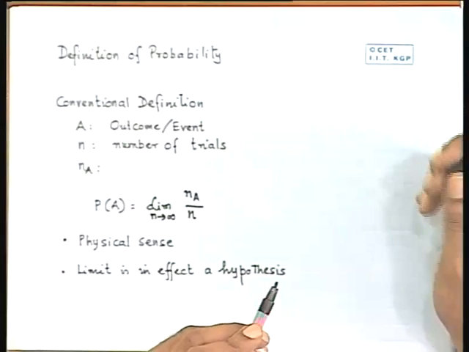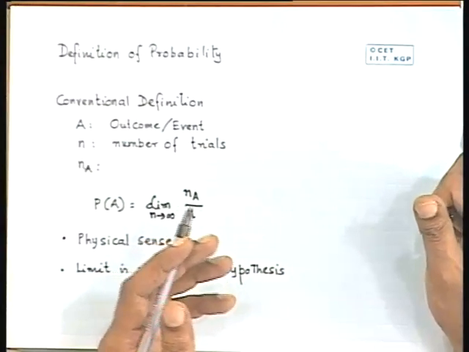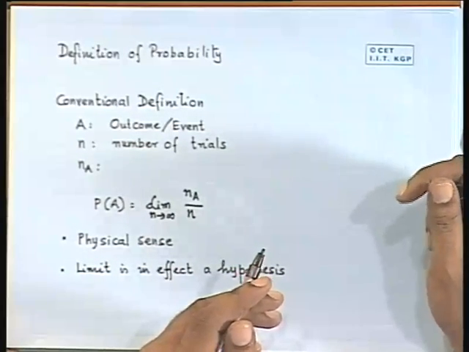That is the relative frequency of occurrence of an event, generally we say in a large number of trials, right?